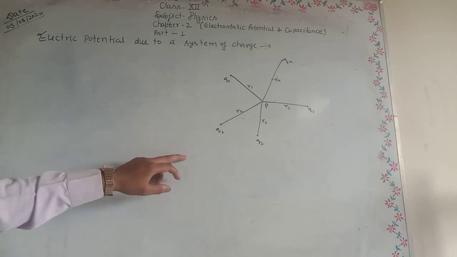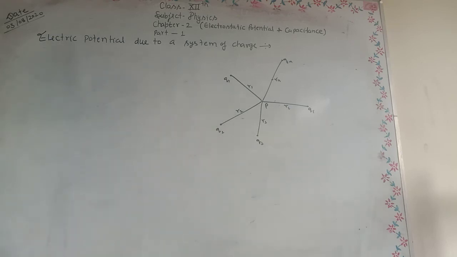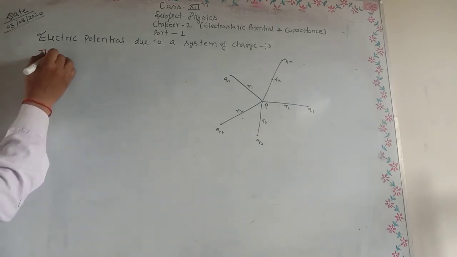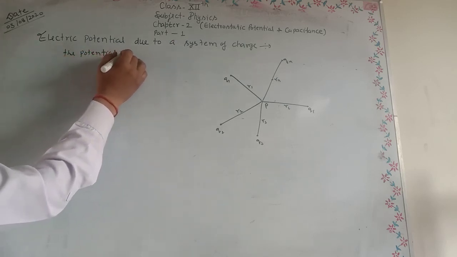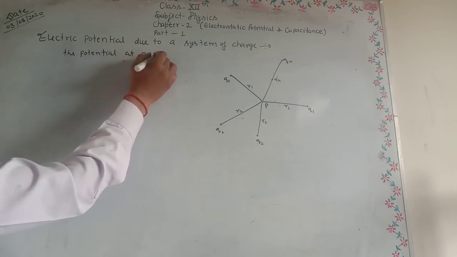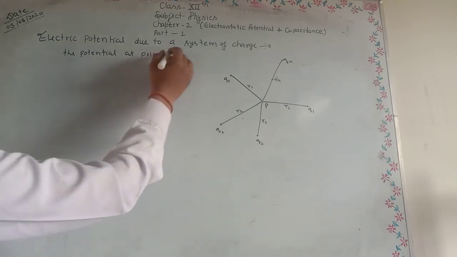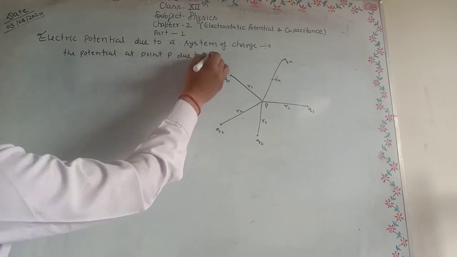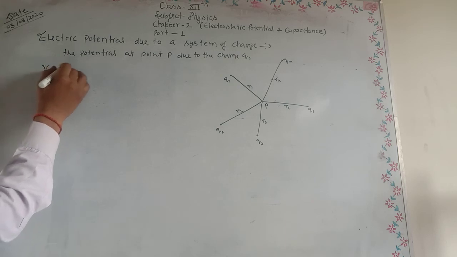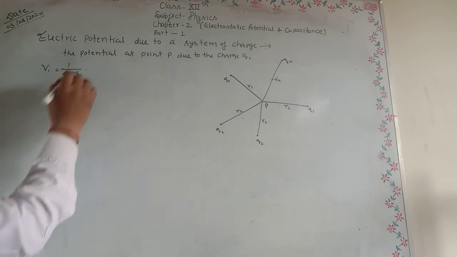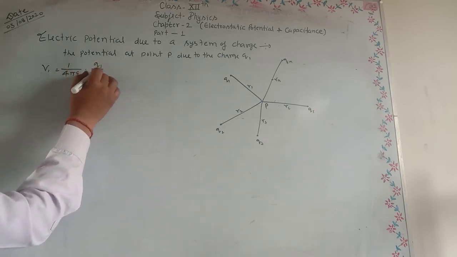Let a group of point charges Q1, Q2, Q3 and so on up to Qn lie at distances R1, R2, R3 from the point P. Then the potential at point P due to the charge Q1 is V1 equal to 1 upon 4 pi epsilon 0 into Q1 upon R1.